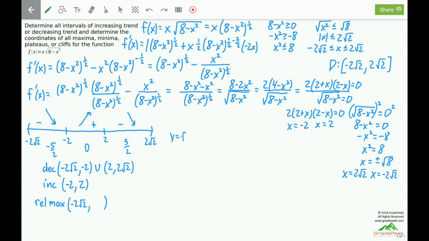So the y-coordinate will be f of negative 2 square root of 2, which will be negative 2 square root of 2 times the square root of 8 minus negative 2 square root of 2 squared, which is negative 2 square root of 2 times the square root of 8 minus negative 2 squared is a positive 4, and square root of 2 squared is a 2.